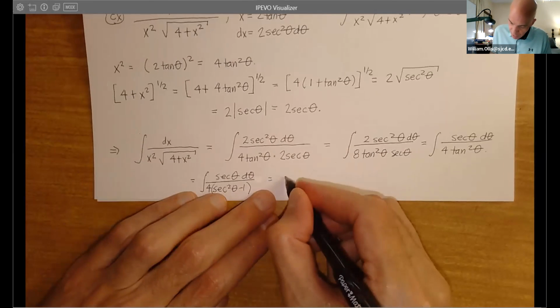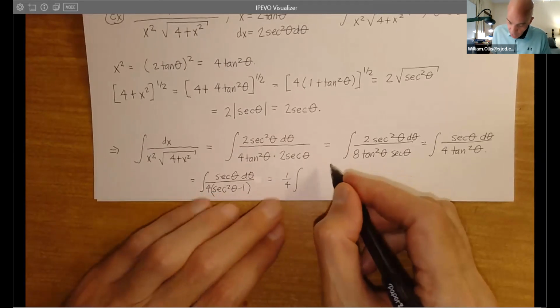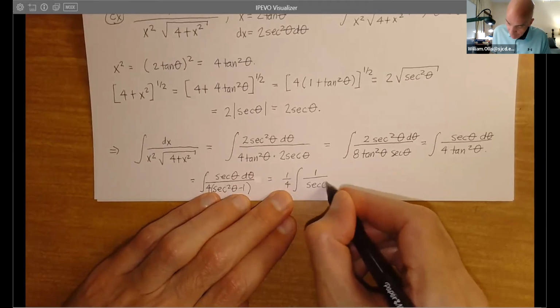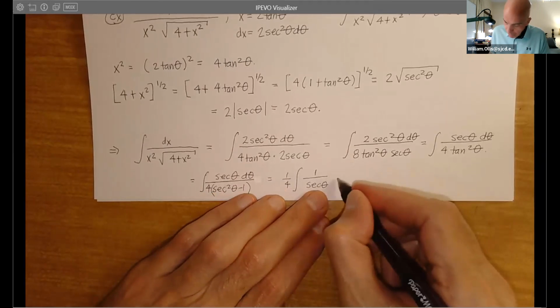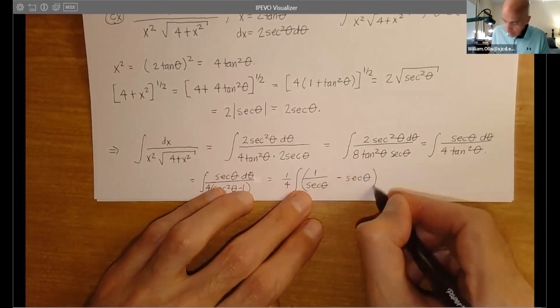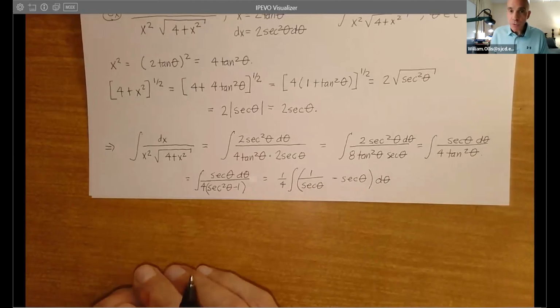So when you break this up, you're going to get 1/4. The 4 can factor, and you're going to get 1 over secant theta minus secant theta d theta. And I'll teach you how to do those integrals.